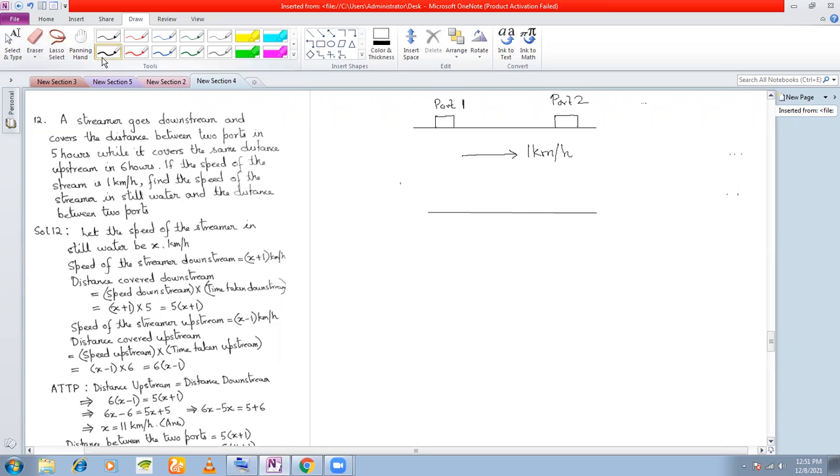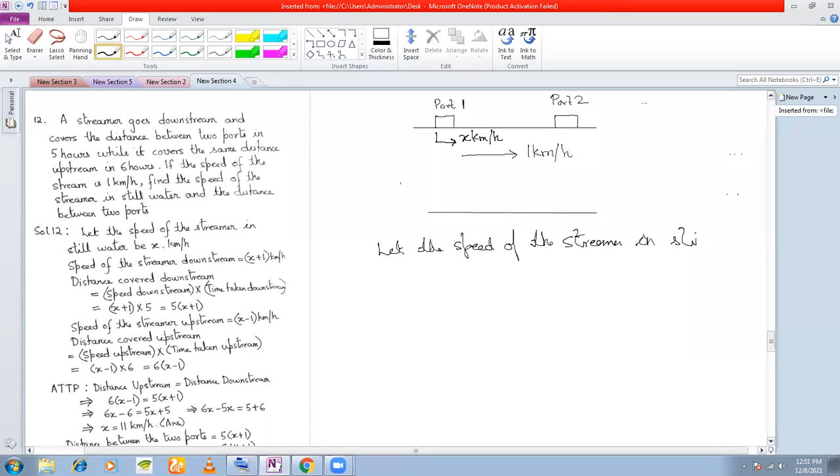Right. So if I take the speed of the streamer from this port to be x kilometer per hour, and it is going to port 2, what should be the speed of the streamer downstream? I say let the speed of the streamer in still water be x kilometer per hour.